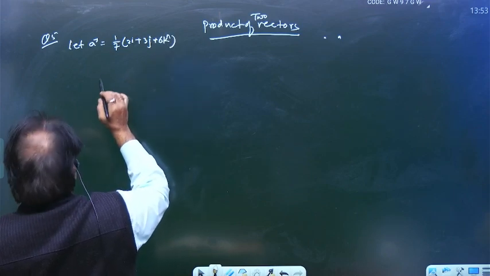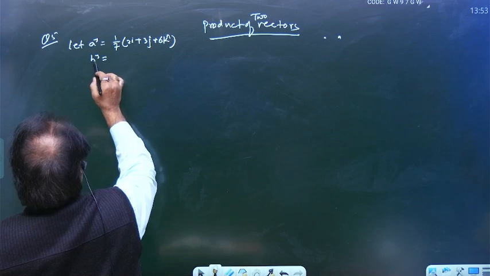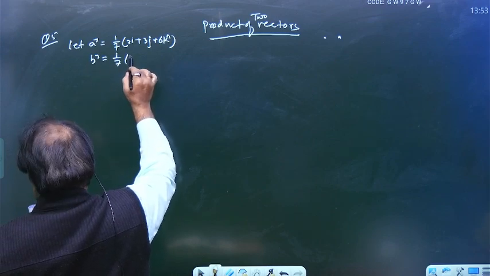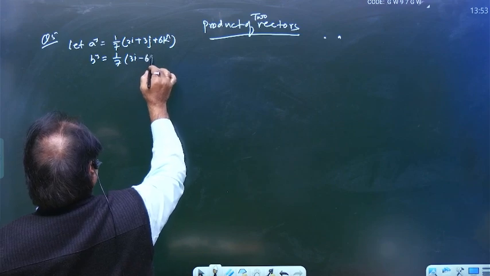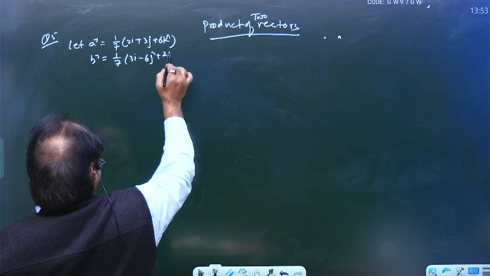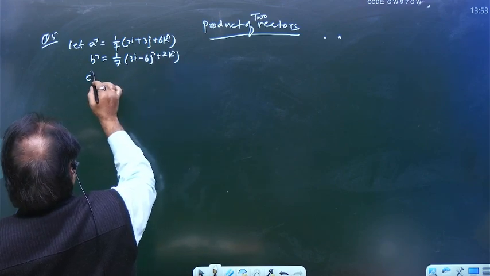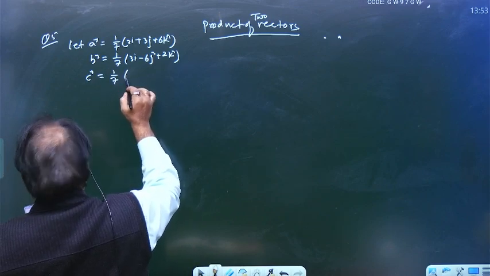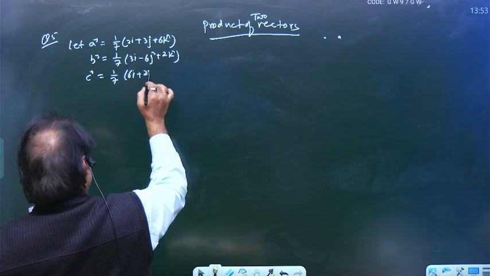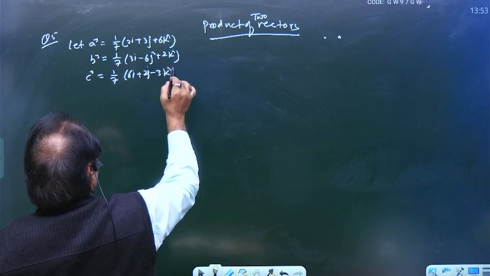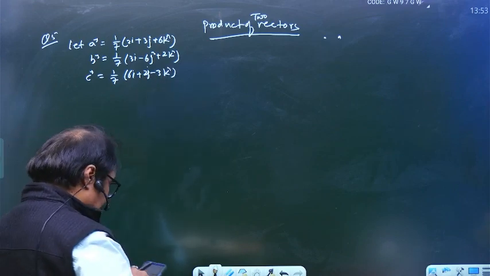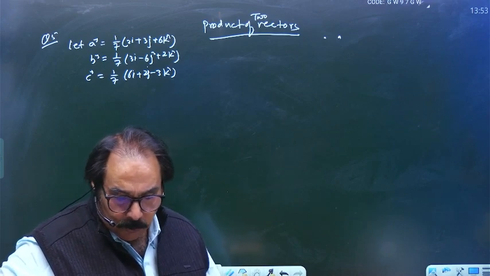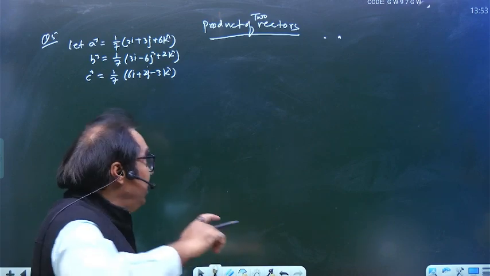This is vector A I have supposed, and vector B is equal to 1 by 7 (3i cap minus 6j cap plus 2k cap), and vector C is equal to 1 by 7 (6i cap plus 2j cap minus 3k cap), and as per the question, we have to show that they are mutually perpendicular to each other.